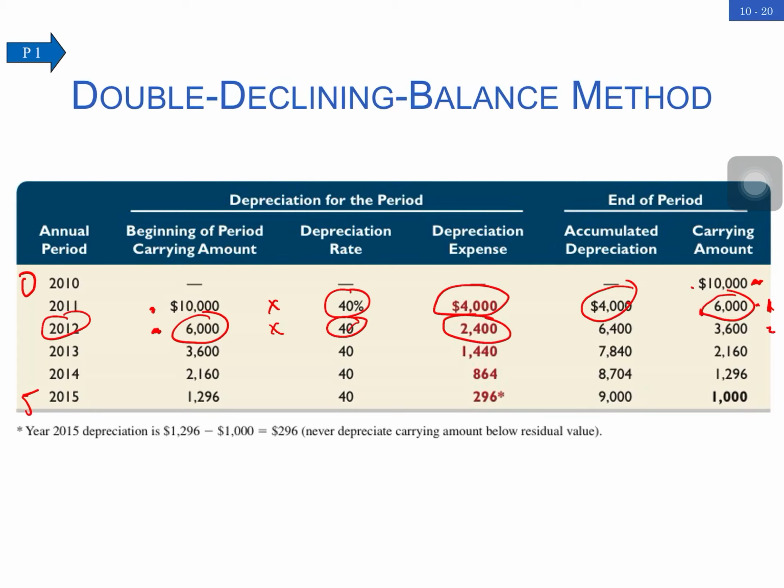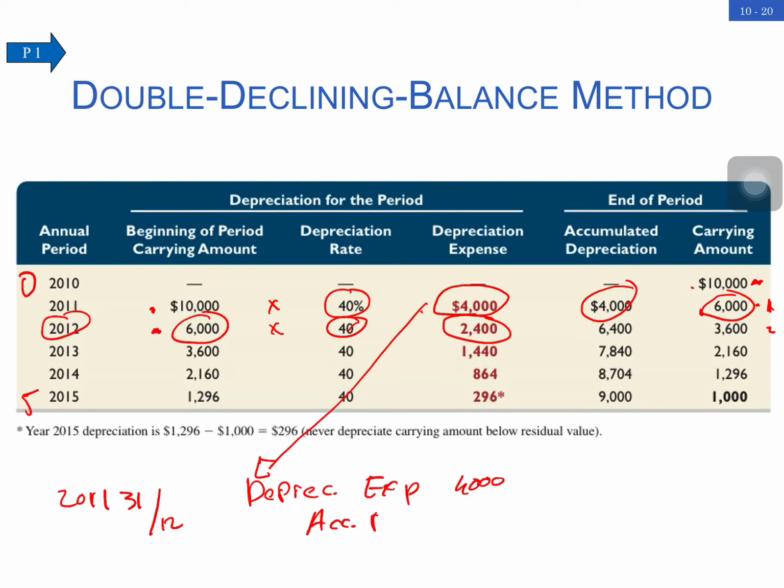Okay, so meaning that this number you will record on 31st of December 2011. You will record depreciation expense 4,000, and accumulated depreciation machine 4,000.